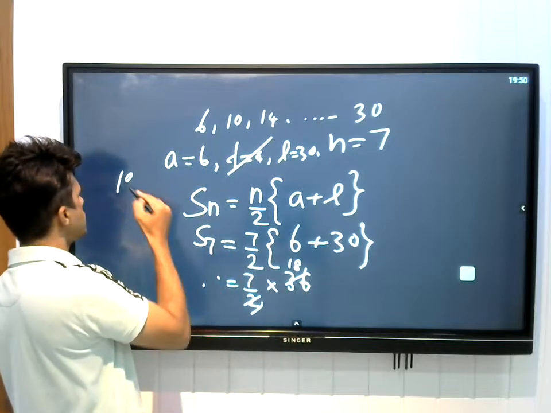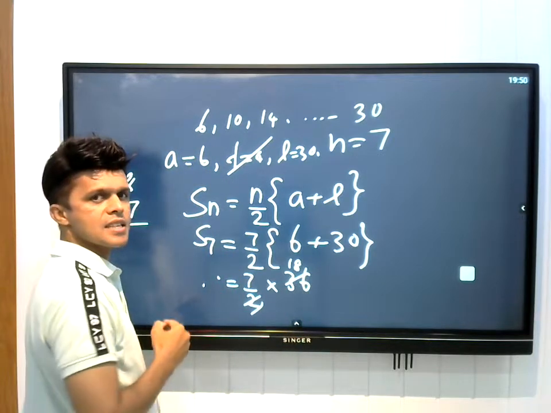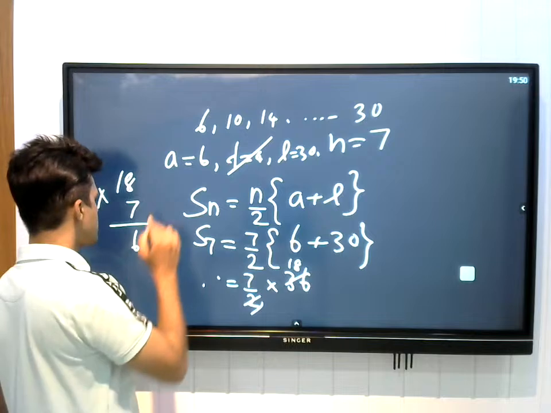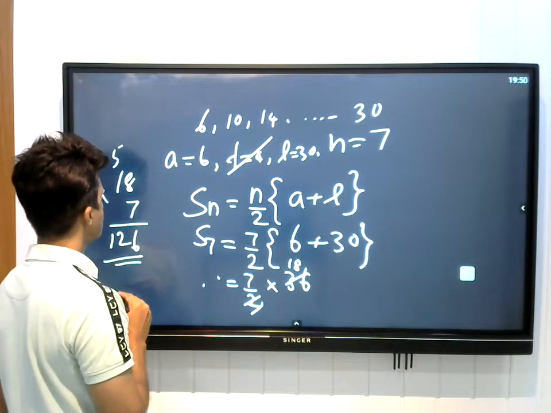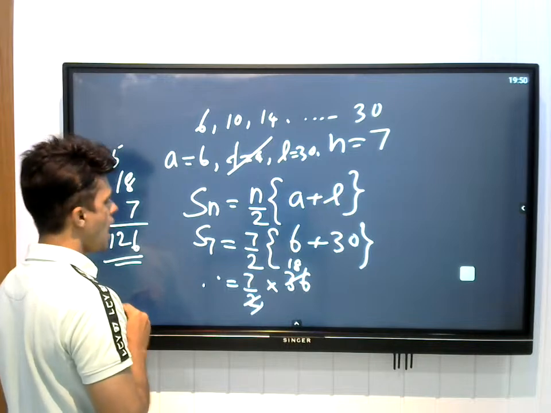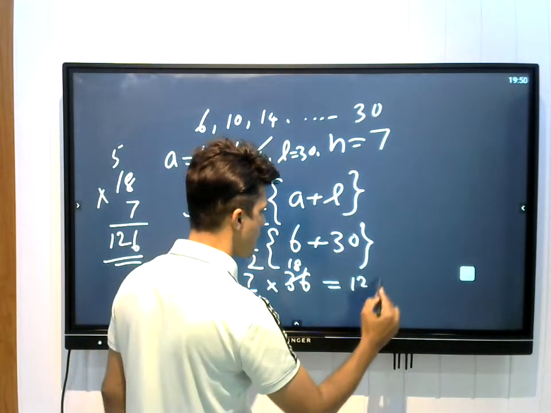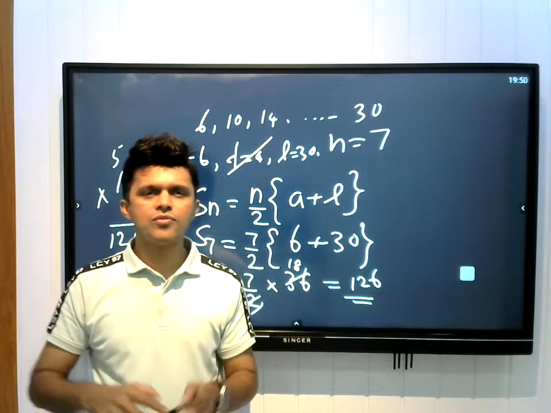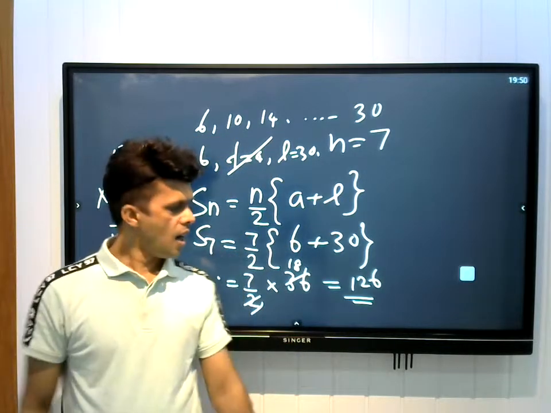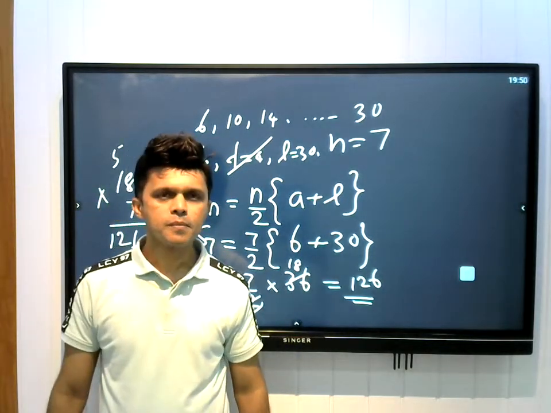So 18 into 7. Get the product of 18 and 7. 7 times 8 is 56, remain is 5. 7 times 1 plus 5 is 12. So 126 is the answer, which means the sum of these 7 terms is 126.